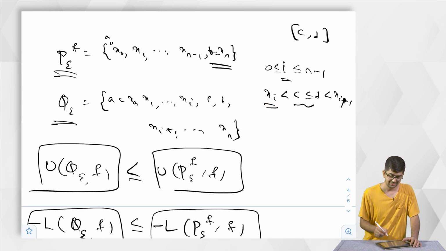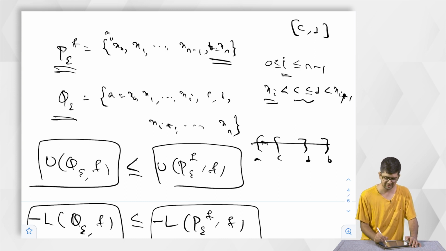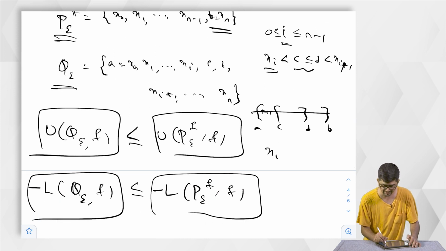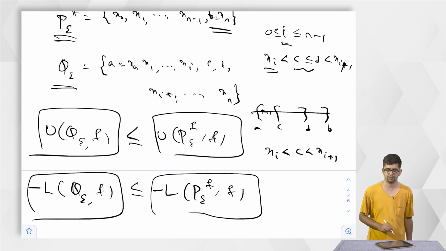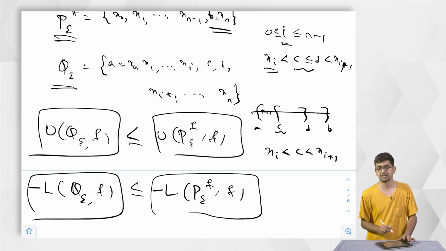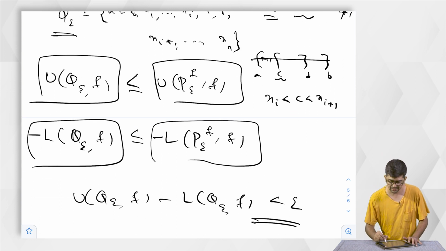Now we are assuming that there are some elements from the interval c comma d. So let me draw this. This is a b, this is c, this is d. So suppose x0, x1 and so on. I need to look for some i for which xi is less than c, less than xi plus 1. Then at that point I will add the corresponding c. If c is not there, I will simply add that. Then I am looking for some j such that xj is less than d, less than xj plus 1.